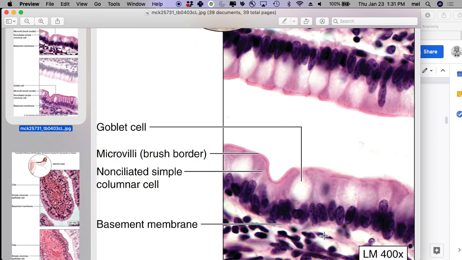So this is a different tissue that also has goblet cells. Do you see them? Right? What is the function of a goblet cell in this tissue? Any idea? First of all, figure out what tissue you're looking at, where you find it, and then the logic of the goblet cells there. So simple columnar epithelium. Good. Where do you find it? Not this one.